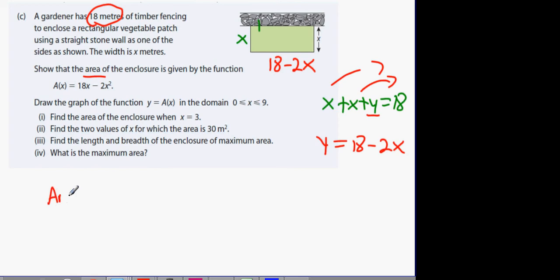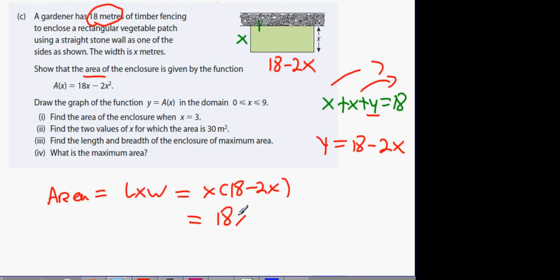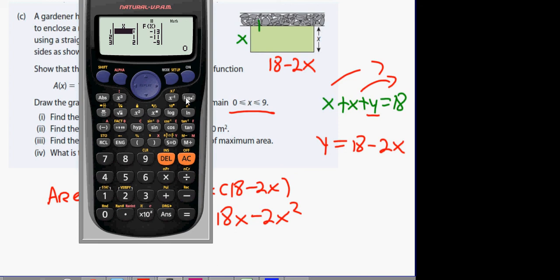What's the formula for area? Which is x times 18 minus 2x, which is... Perfect. Draw the graph from 0 to 9. Okay guys, let's put this into the calculator.